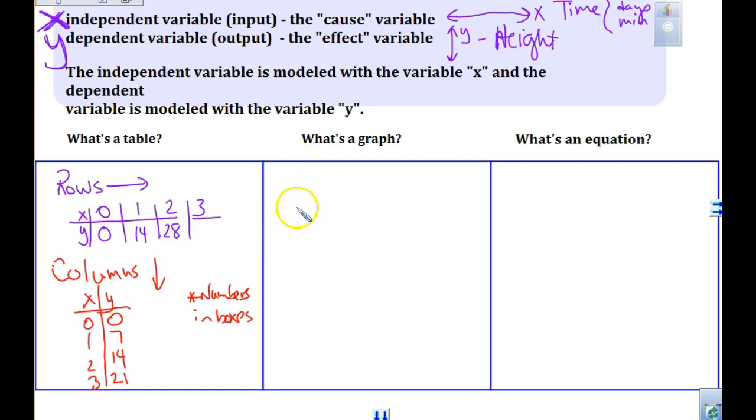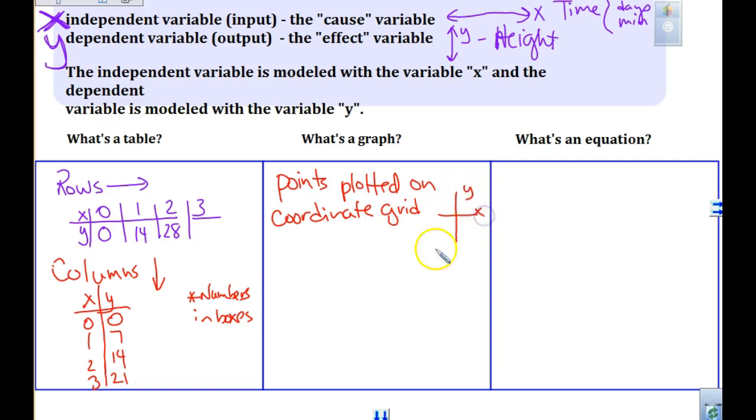When we look at a graph, what we are looking at is points plotted on a coordinate grid. When we plot our points on a coordinate grid, that is this y and x, that's our coordinate grid that we are talking about, okay?